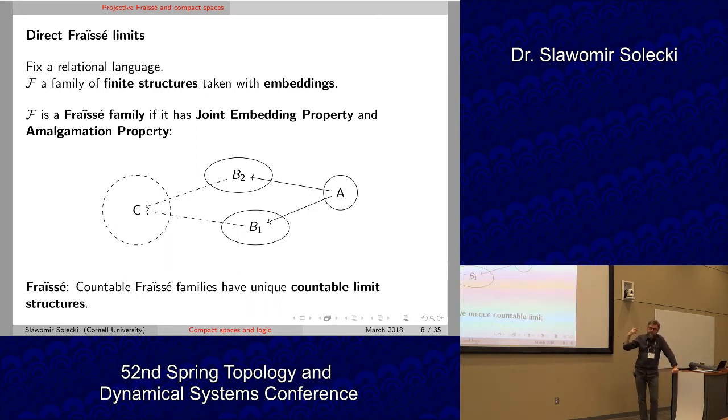So in essence, the family has a unique infinite structure behind it. In essence, what is going on is we take F and we produce a sequence out of F that is as generic as possible. I will give some details later on when I talk about this projective thing. So in any case, there is a unique countable structure like this.